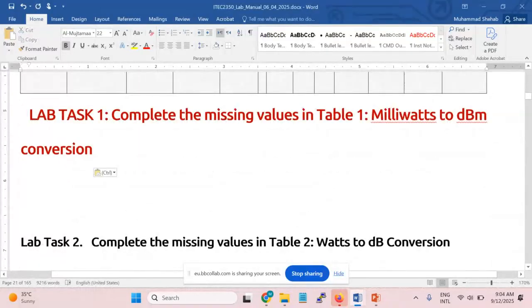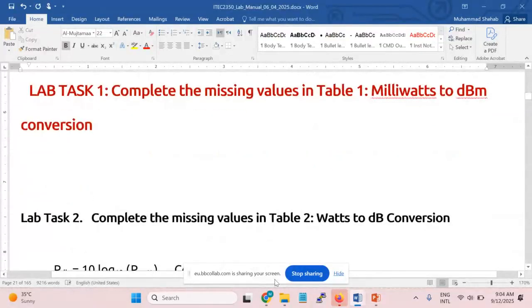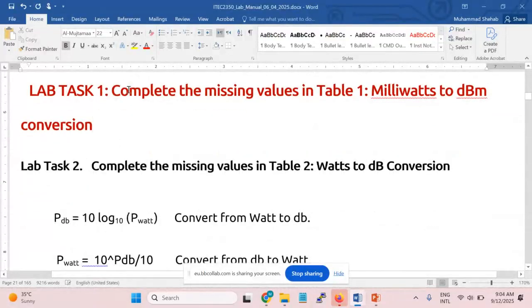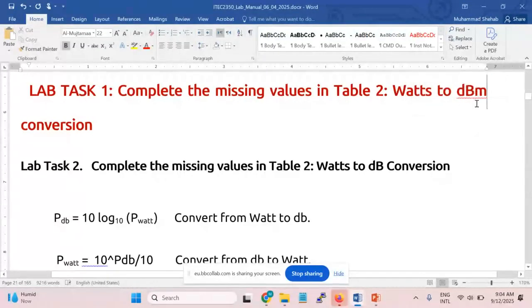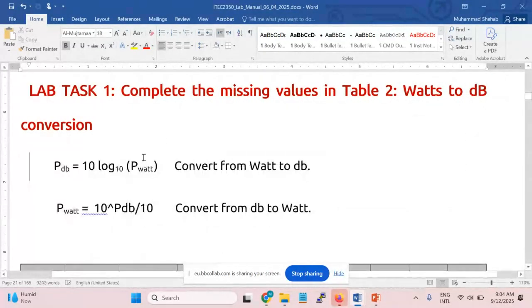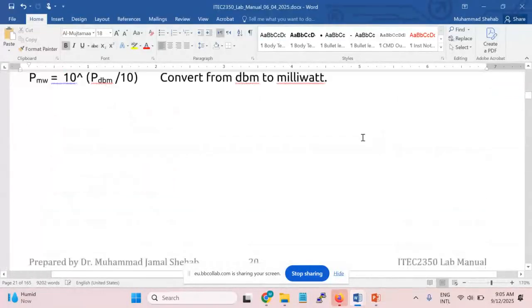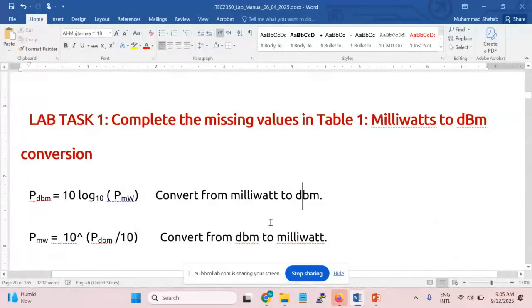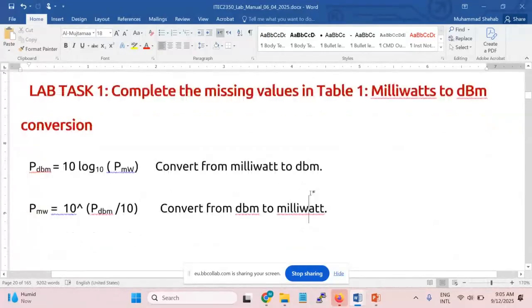Task number two is about what? Complete the missing values in table 2. So task number one is to convert from milliwatt to dBm and from dBm to milliwatt.